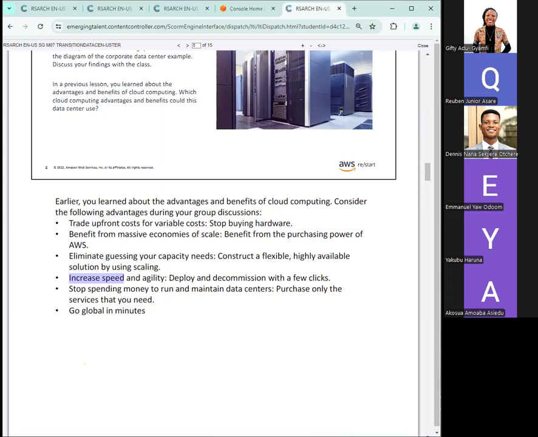But with cloud, you go global in minutes, and that will scale up your production and also increase your productivity. So comparing the two, the cloud has more advantages than the traditional way of business.